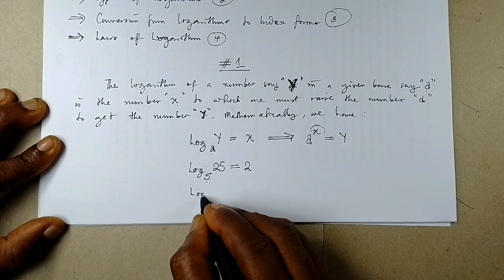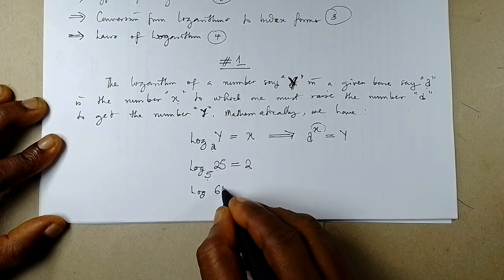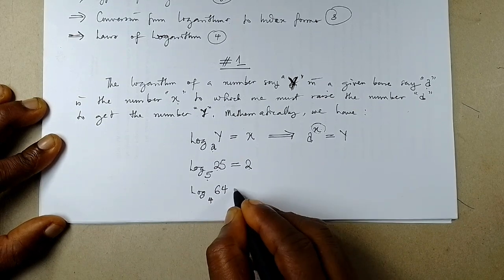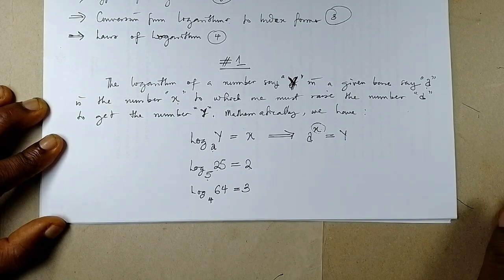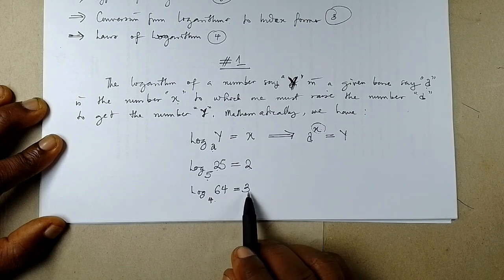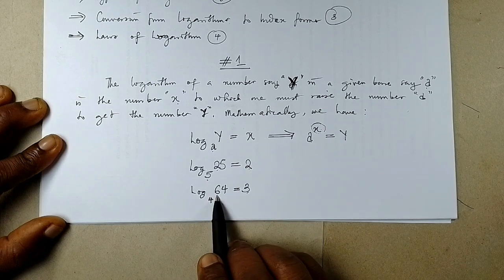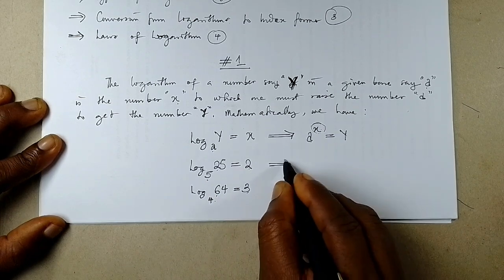Another question is this: the logarithm of 64 in base 4. What will the answer be? You guessed it right, the answer would be 3, because 4 raised to the power of 3 gives 64.